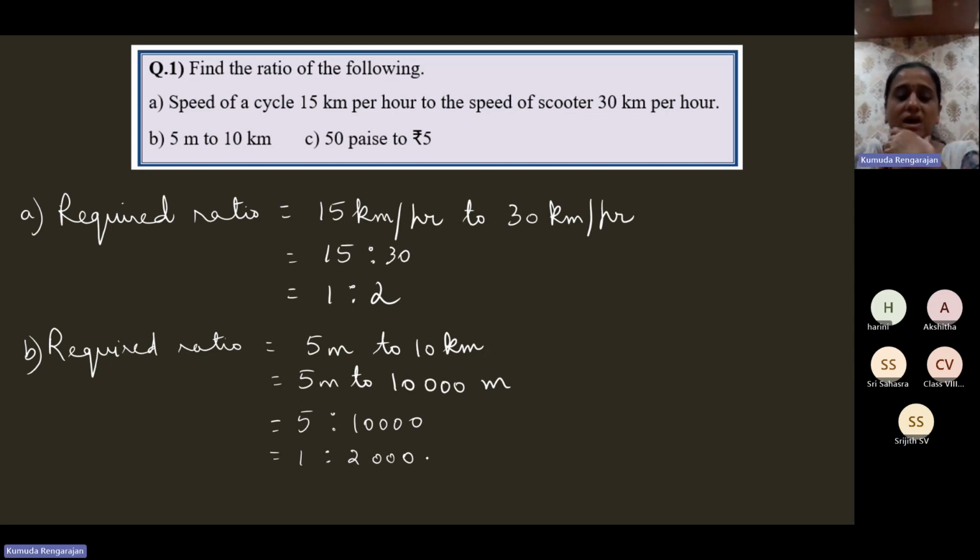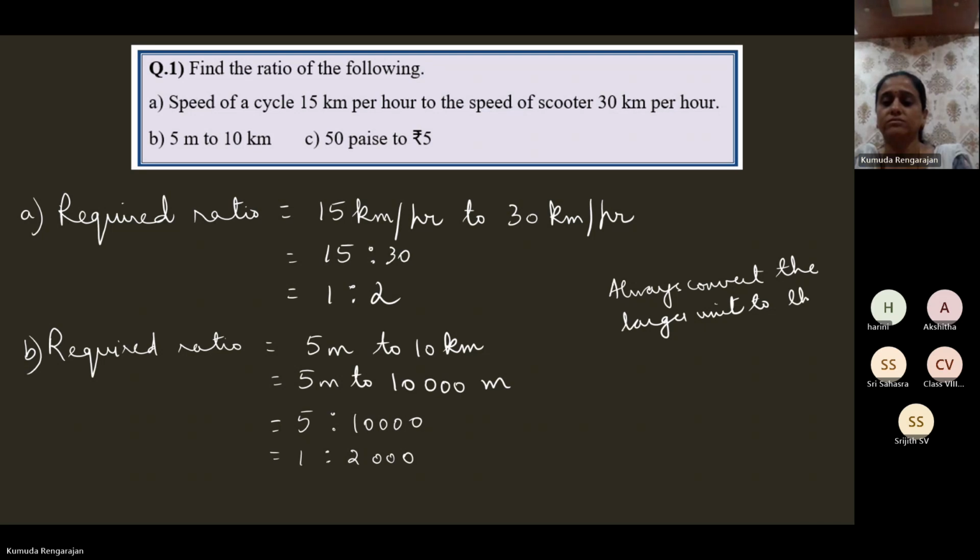5:10,000 is 1:2000. Always convert the larger unit to the smaller unit.